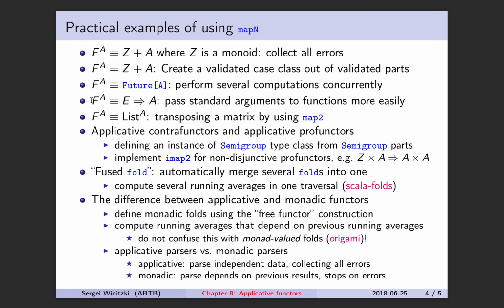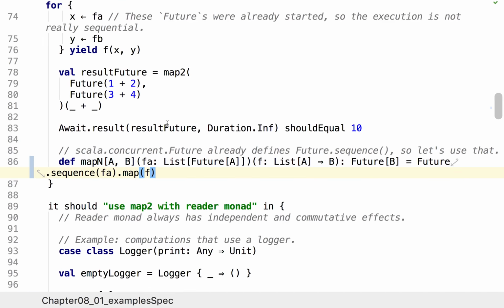Another example where applicative functors could be useful is when you have a reader monad or functions with some standard arguments, and you are getting tired of passing these arguments over and over to all kinds of functions.